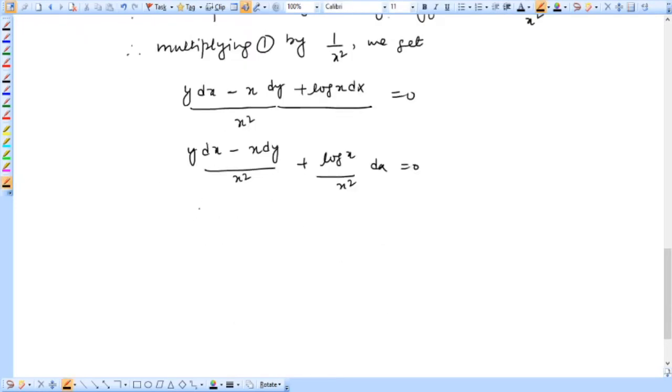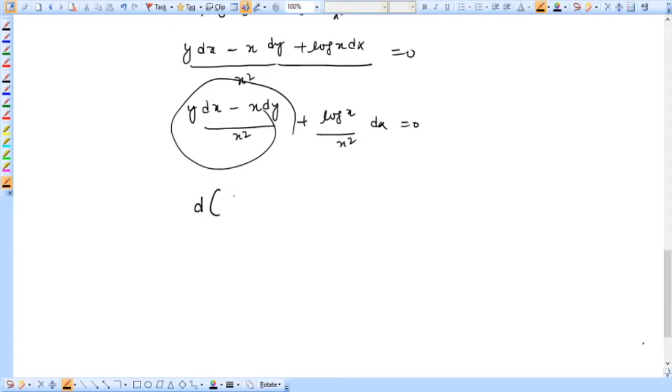As we saw in the last video, this term is equal to the differential of minus y over x, plus (log x over x square) dx is equal to 0.